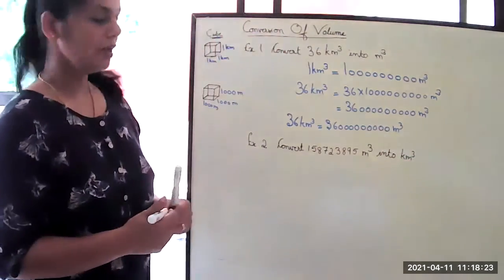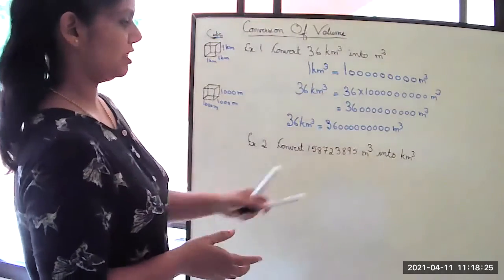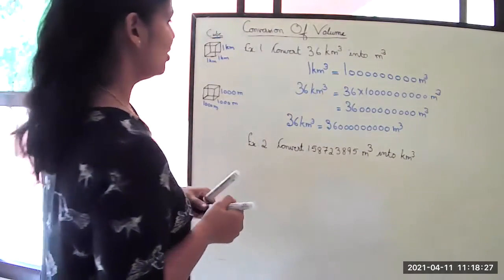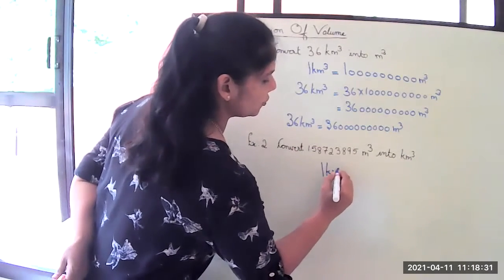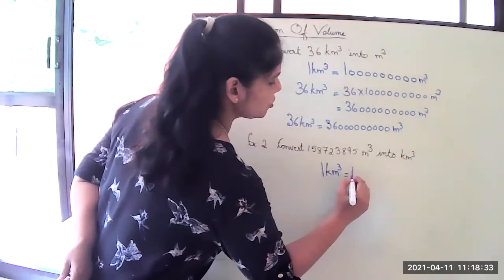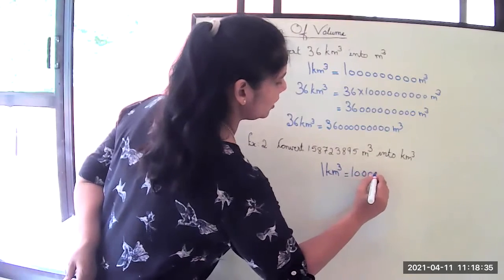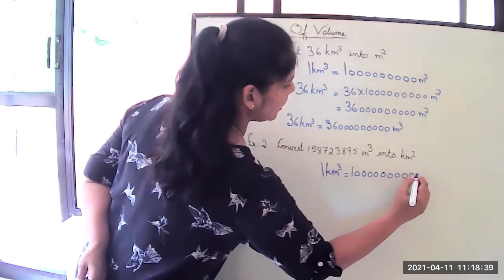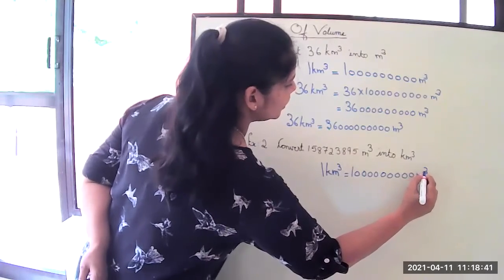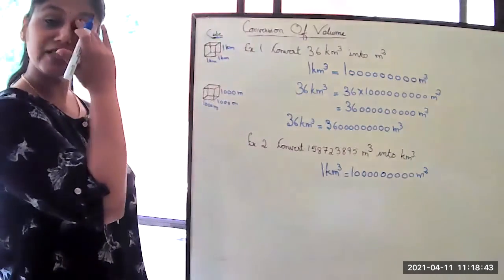So here it's a huge number again. So let us do it as 1 kilometer cube is equal to 1 and 9 zeros meter cube.